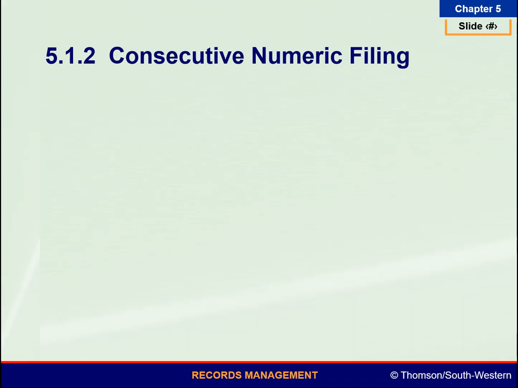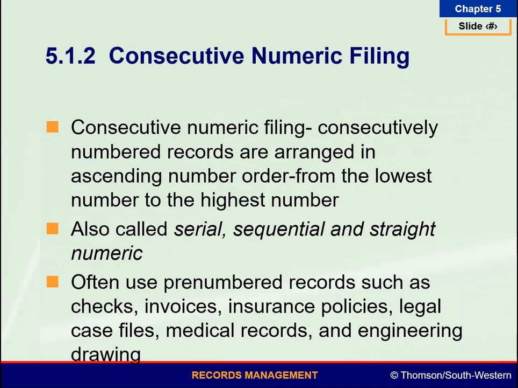So now we are going to proceed to the next one, which is consecutive numeric filing. So what is consecutive numeric filing? Consecutively numbered records are arranged in ascending order from the lowest to the highest number. Again, ascending number from the lowest to the highest number.